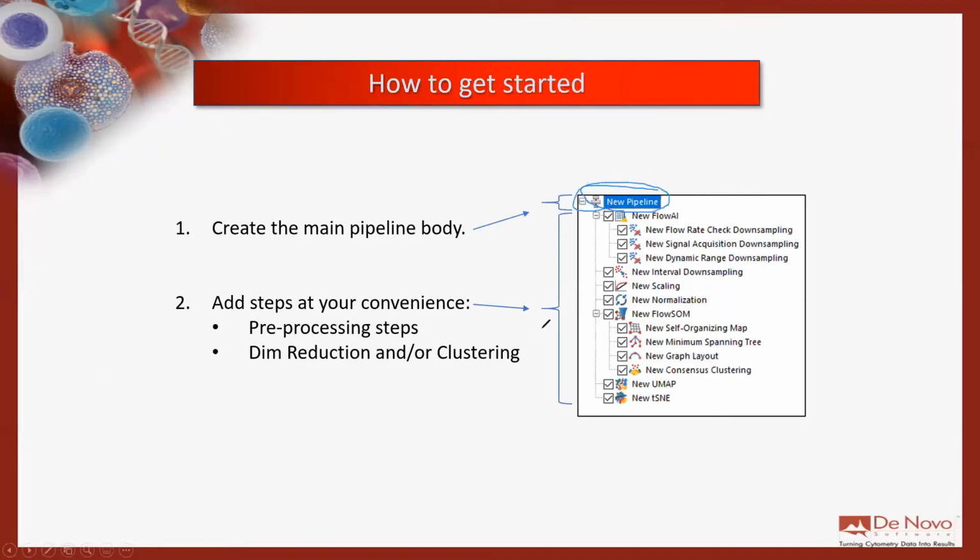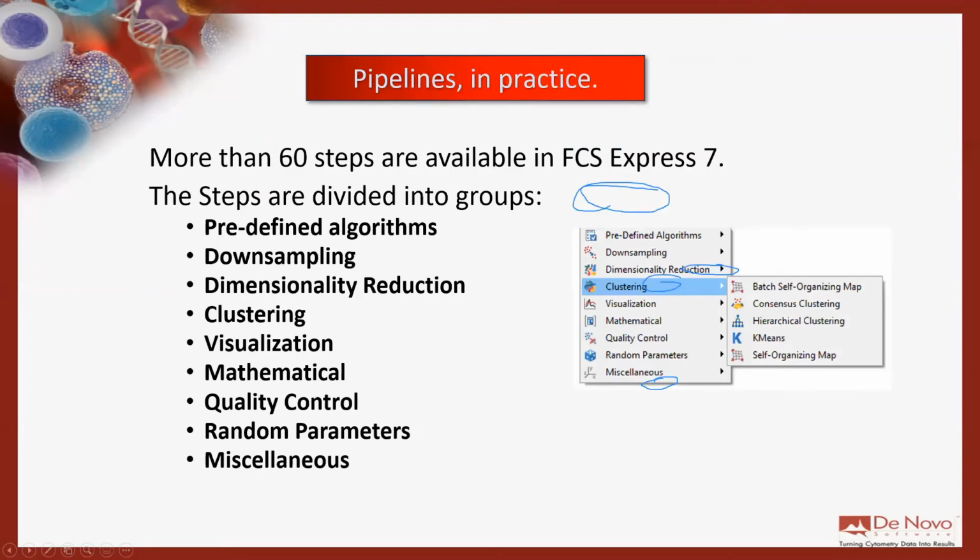And then we're going to add steps. Maybe we will add downsampling, and then a scaling, and then a UMAP. So something simple, but very useful and user-friendly. Now, you can select, you can grab any of the steps available in FCS Express.